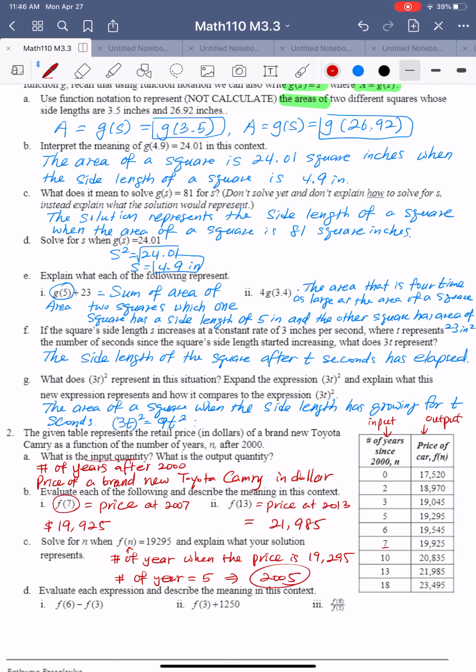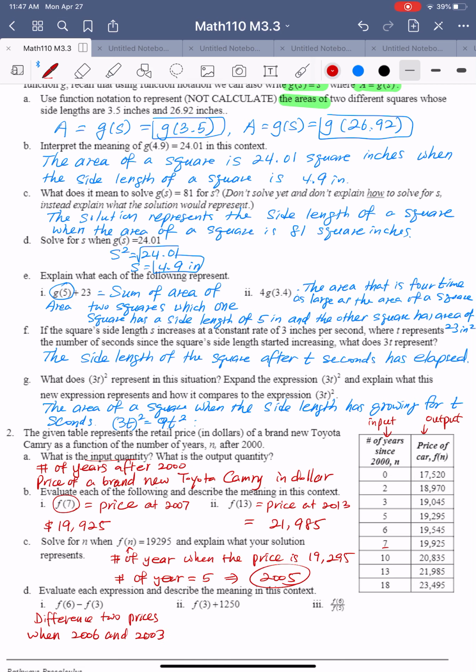Now evaluate each expression and describe the meaning in this context. So we're looking for the difference of two prices of the brand new Toyota Camry in 2006 and 2003.